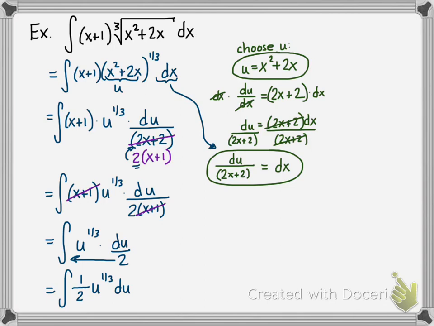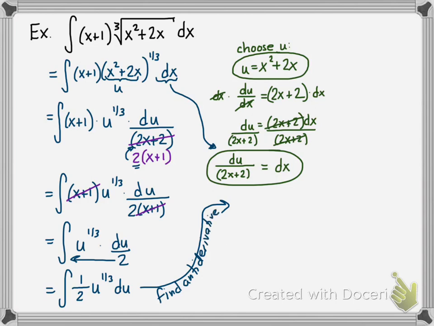Okay, I am now ready to find an antiderivative. Everything is in terms of u, and everything looks nice and cleaned up. So my antiderivative, and I'm going to write that on here.